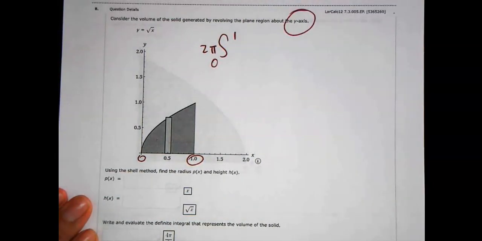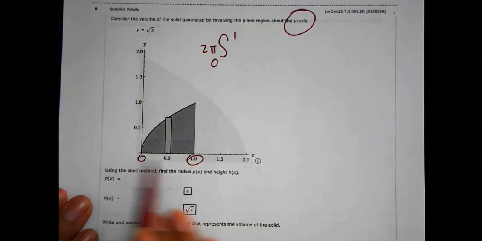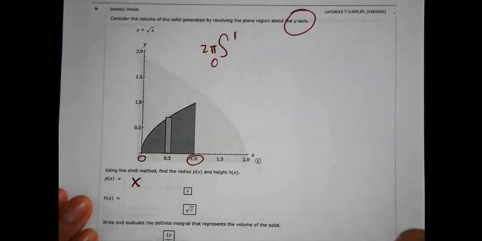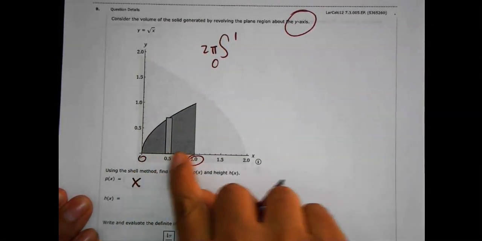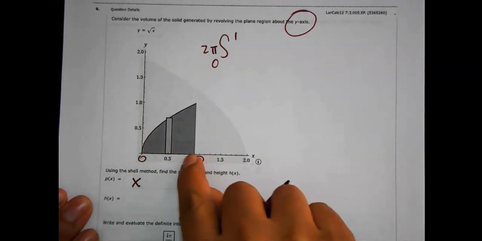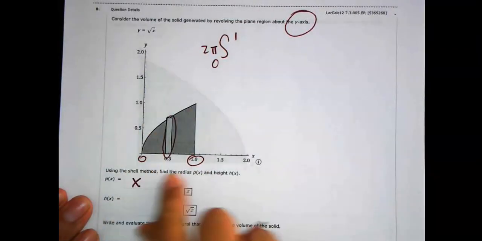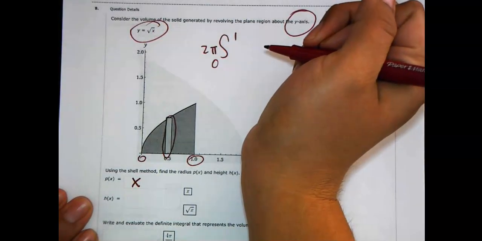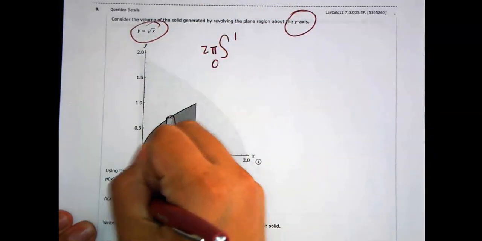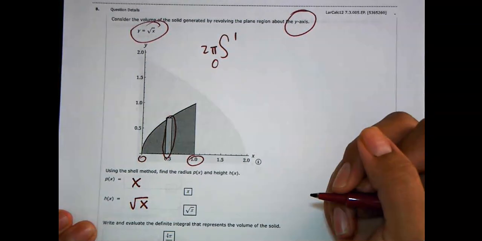Remember, here we have the radius times the height. In this case, the radius, p of x, will be x. It's just where we are on the x-axis. The height is determined by the function, which is y equals the square root of x. That will be my h of x, or my height.